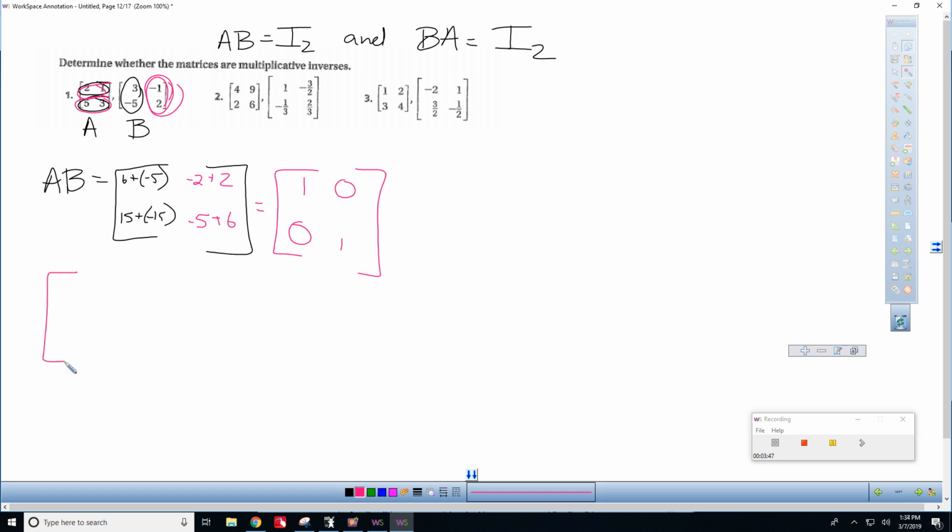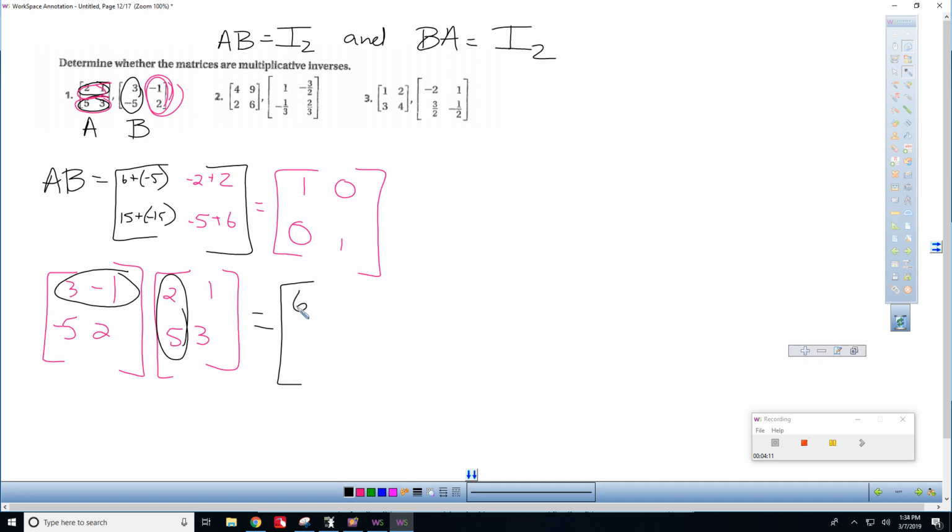It matters. 3, negative 5, negative 1, 2, times 2, 1, 5, 3. All right, here we go. Row by column. 6 plus negative 5. Love it.